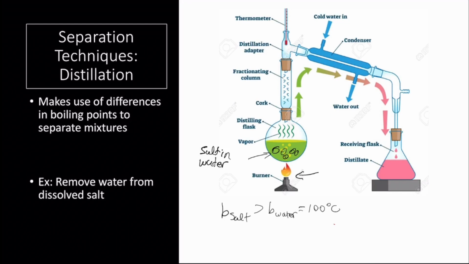So if we heat it up to a temperature greater than 100 degrees Celsius, then the water will vaporize and travel up this column. And then it will go into this condenser, which is cooled down by cold water. So the temperature in this condenser is much less than the boiling point of water.